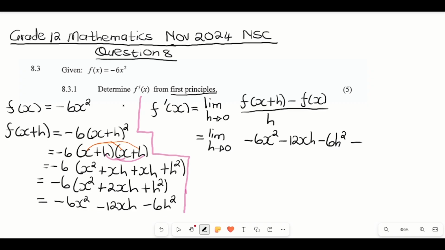What is f of x? F of x is minus 6x squared. So we write minus minus 6x squared, all over h.